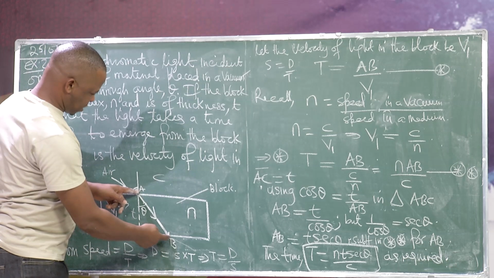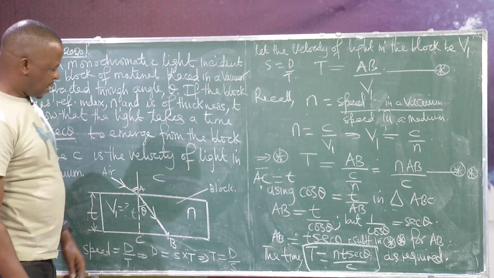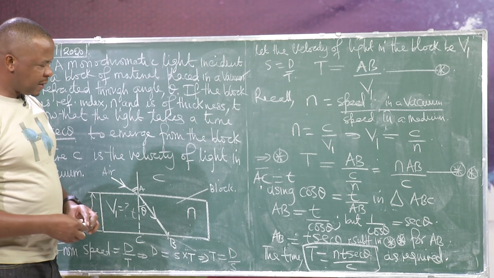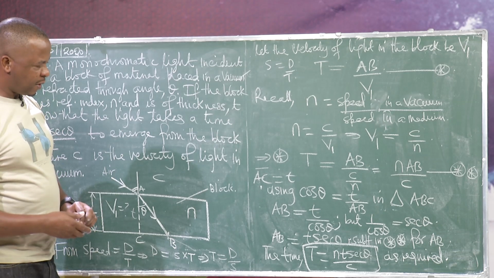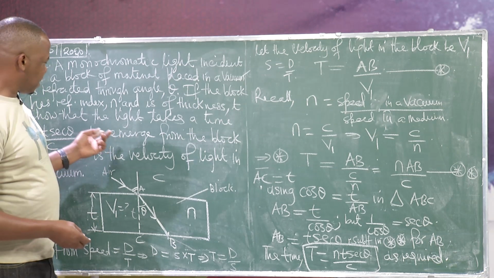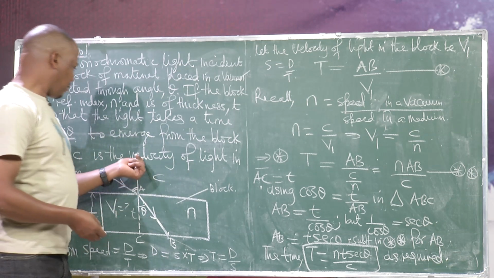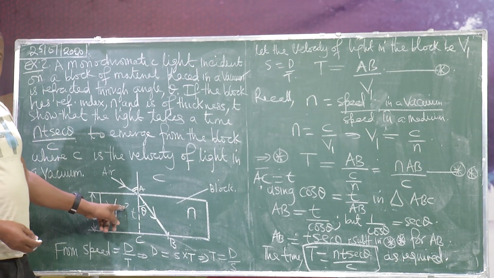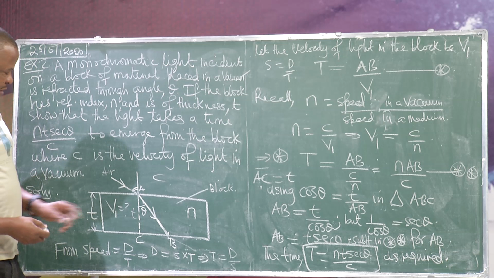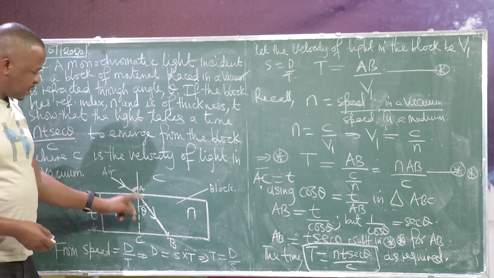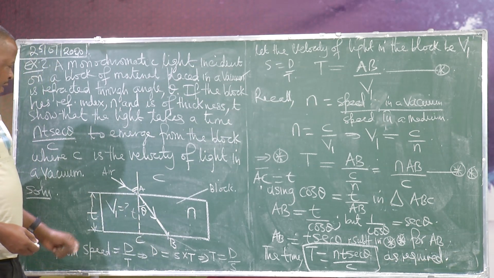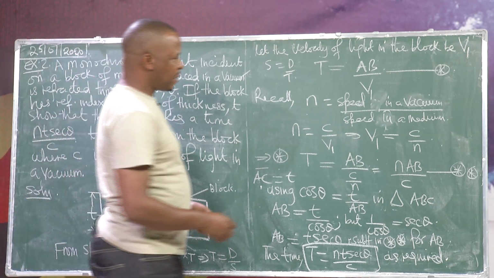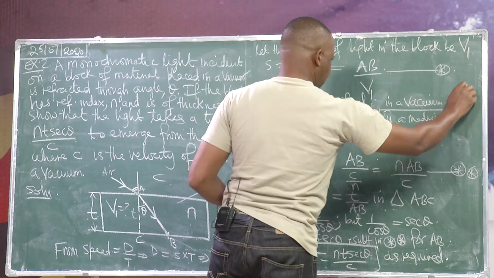So the time it takes is AB, and we have been able to show that it is nt sec theta over c, where c is the velocity of light in a vacuum as specified in the question. The sketch is very important because the examiner needs to see what you are looking for and how you interpret it.